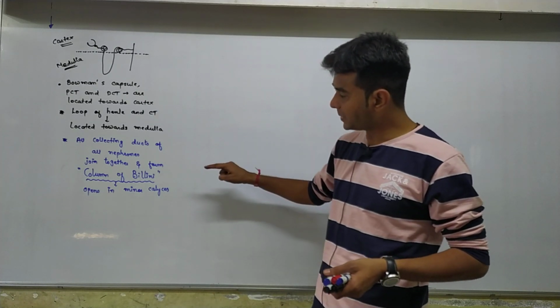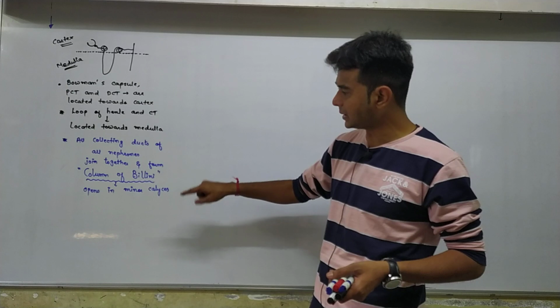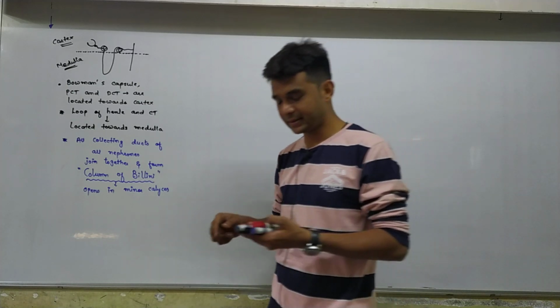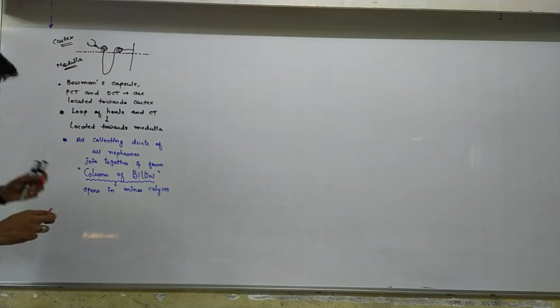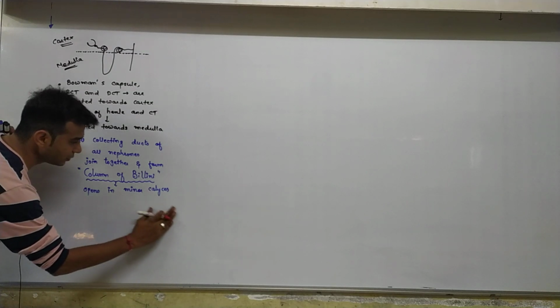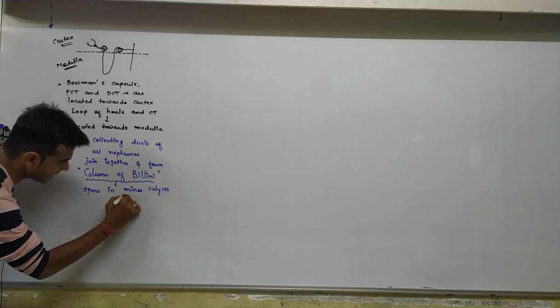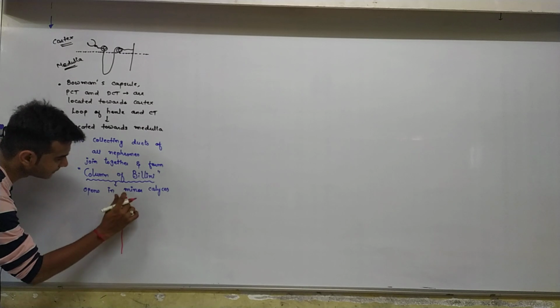And this column of Bellini opens in the minor calyces. So after understanding this diagram, you get the point.